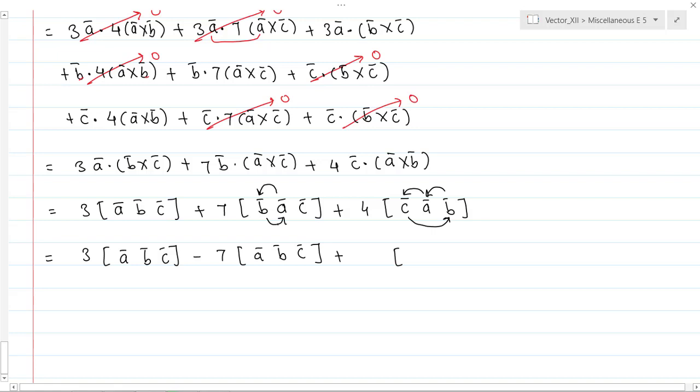All the three vectors should be interchanged in the cyclic fashion. So this is equal to A bar, B bar and C bar, and this is nothing but the 4 as it is. And if you see here, 3 plus 4 is nothing but 7 A bar, B bar, C bar, and minus 7 into A bar, B bar, C bar. That's it. This is equal to 0.